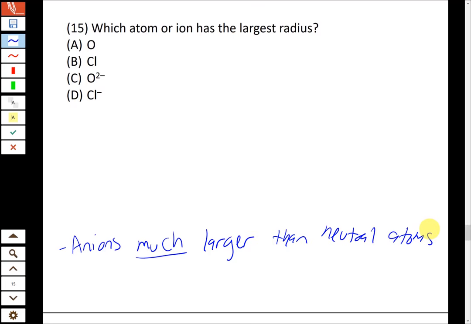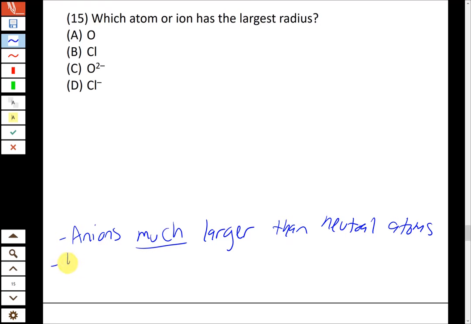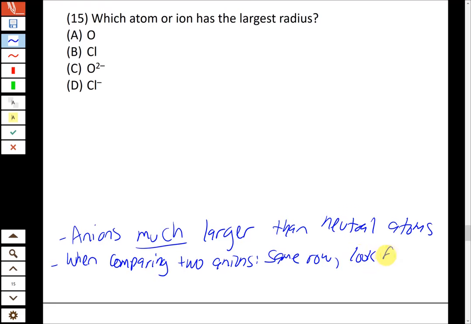And then if you're comparing 2 different anions in the same row, look for the one that has the higher anionic charge, the more negative charge. If it's -1 versus -2, you would expect the -2 to be bigger.